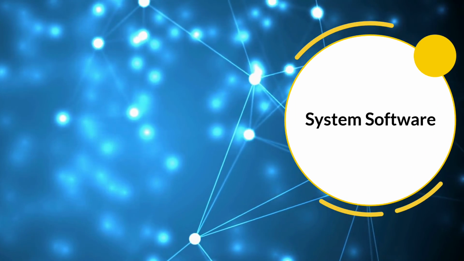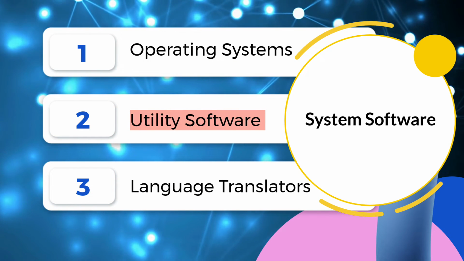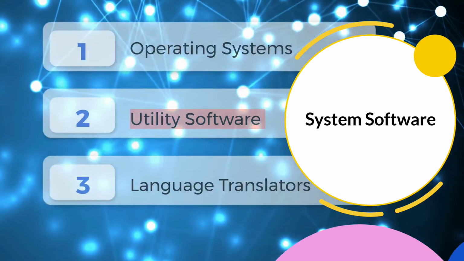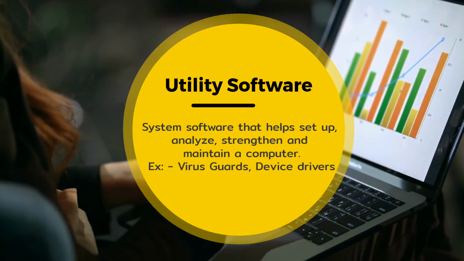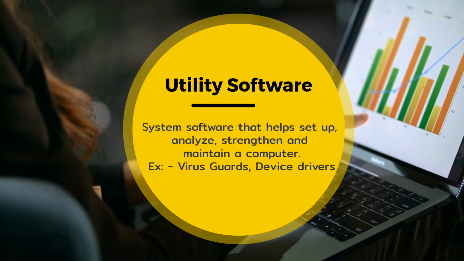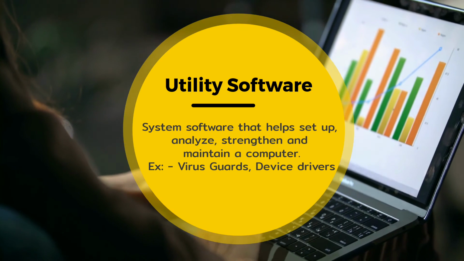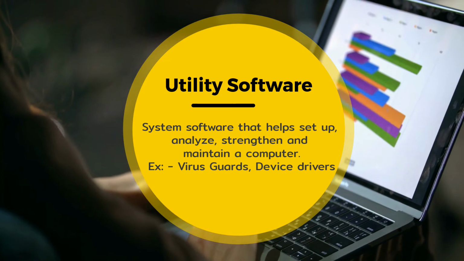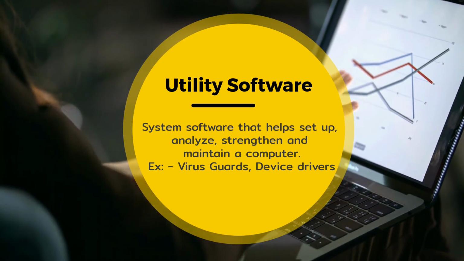Let's learn the second category of system software, that is utility software. System software that helps set up, analyze, configure, and maintain a computer is known as utility software. For example, virus guards and device drivers.